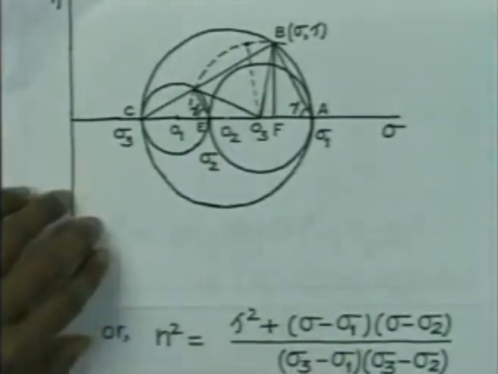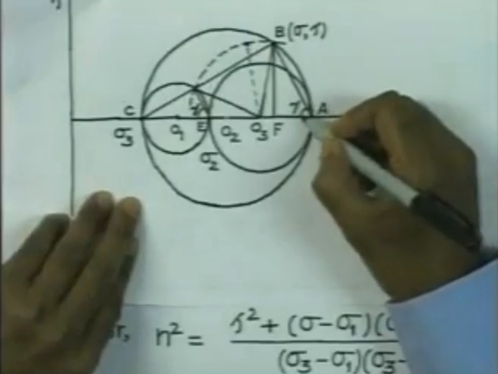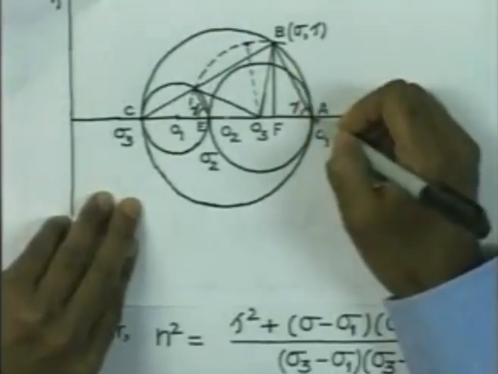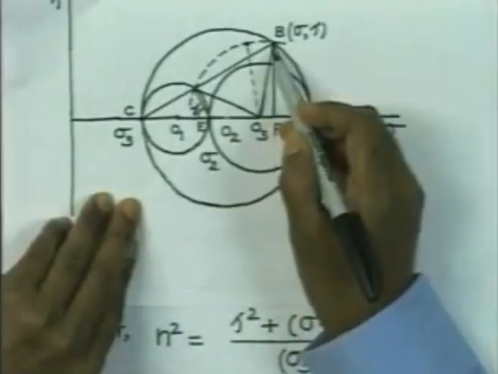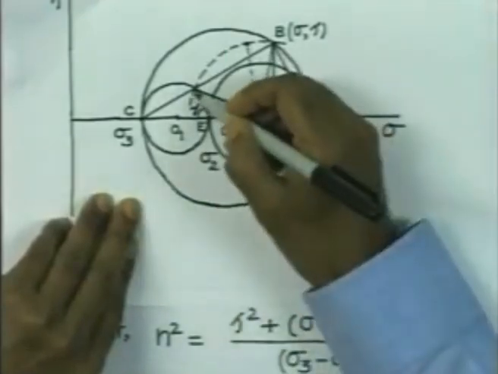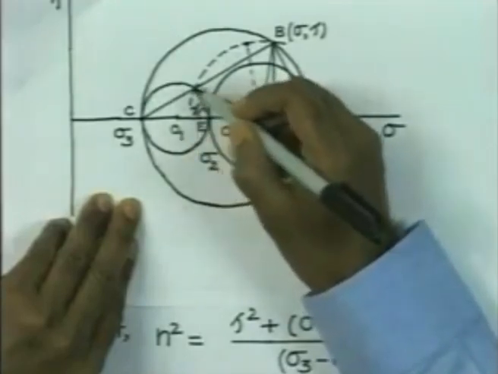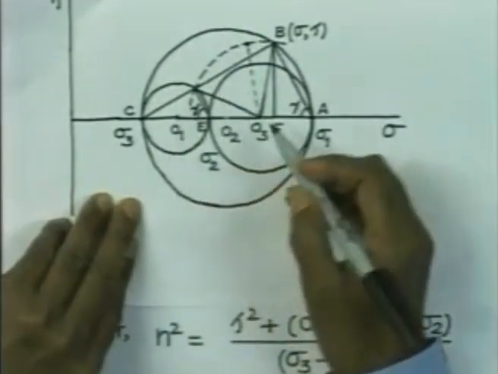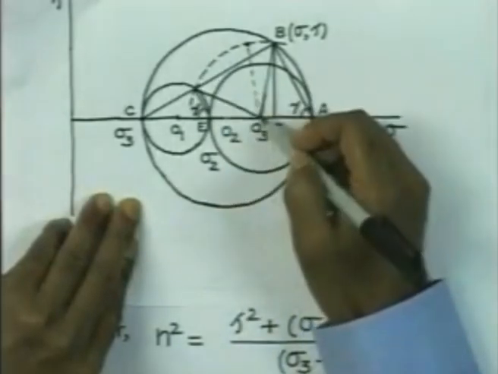And in order to arrive at it, let us summarize what we have done. We have drawn the 3 circles from the given data, then we have taken the angle gamma here, drawn this chord, then joined these 2 points that intersected this circle at this location, and then we have drawn a circle with radius given by this.